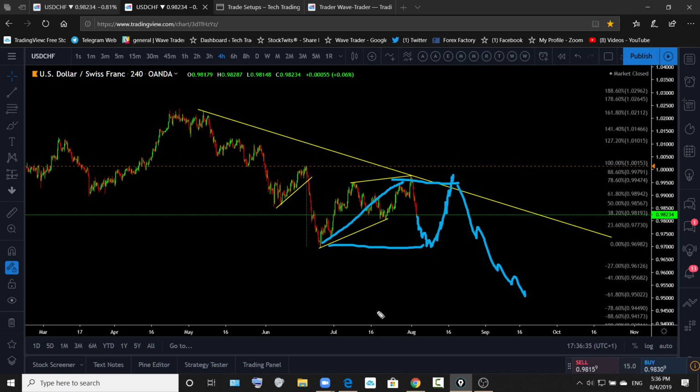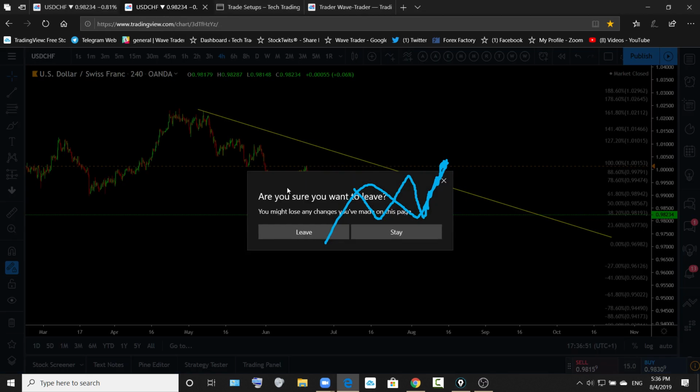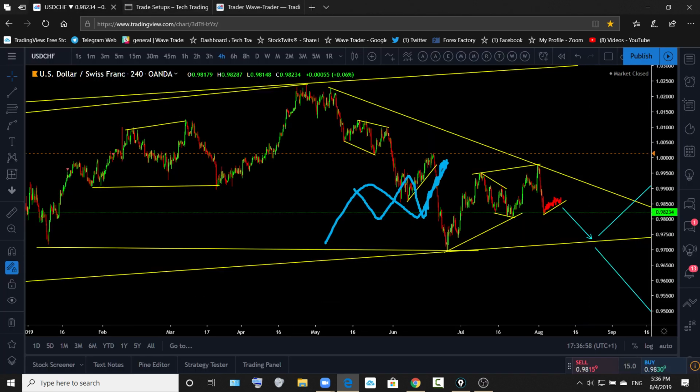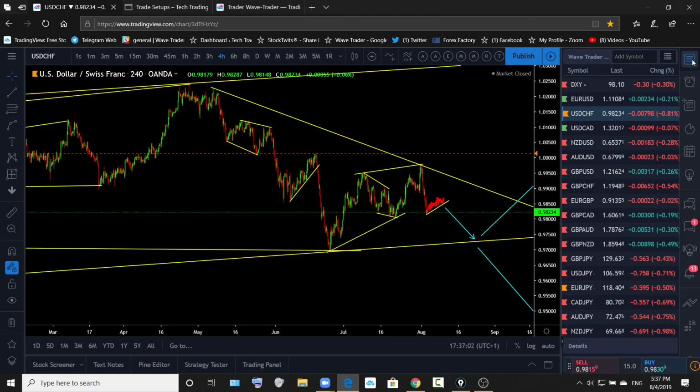Or it goes back up for a short term like this ABC move, pushes up, forms this ABC move, and then drops, or longer term. So trade with care on this pair. Buy on the euro dollar, sell on the DXY, which will obviously push the dollar chief more to the downside. Weakness on the dollar then.